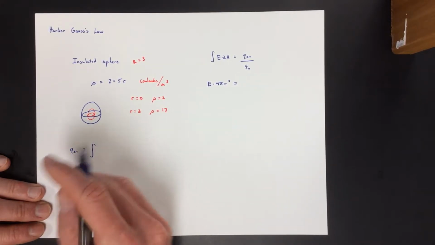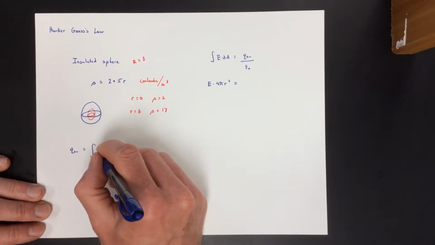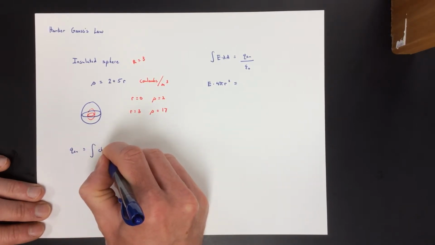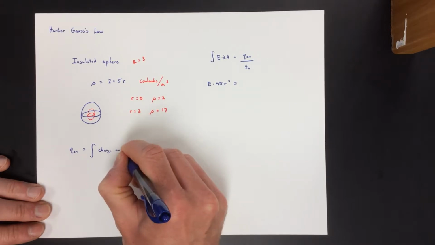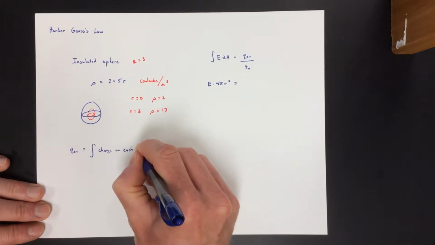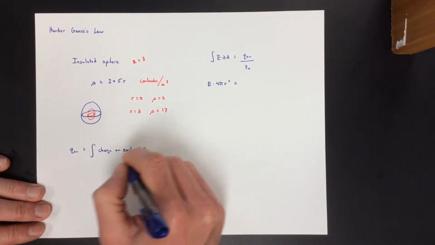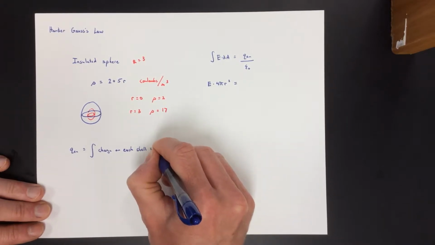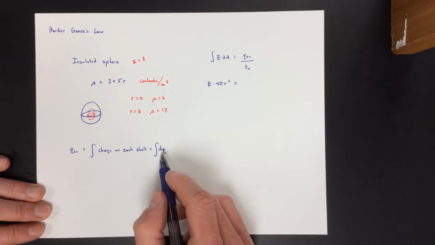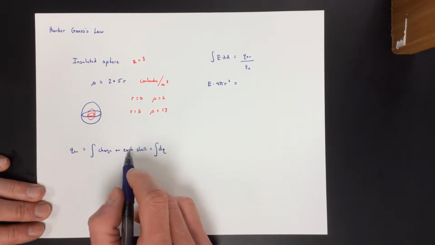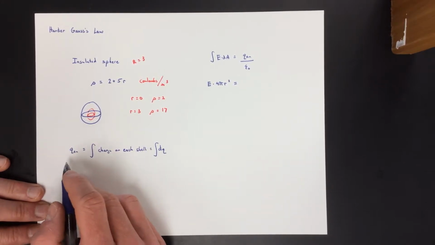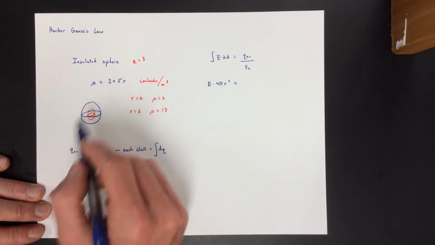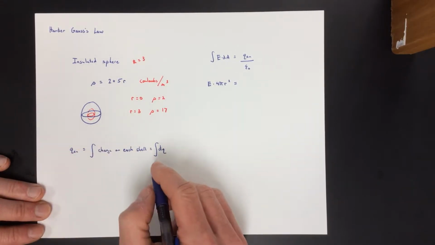So I need to add up the charge on each shell, and we would call that a dq. So the summation of all the dq's, dq representing the charge on each shell, then represents the total charge I've enclosed by the red.